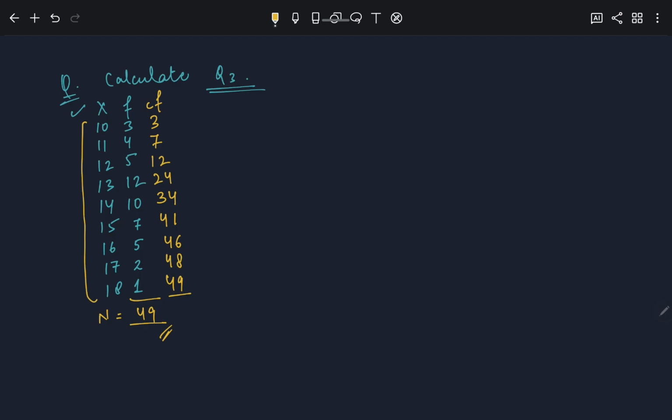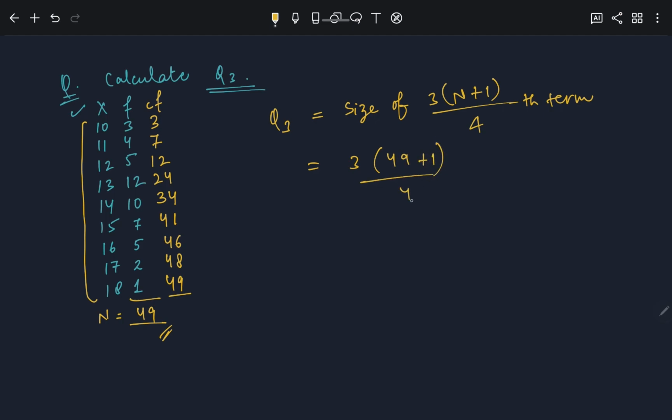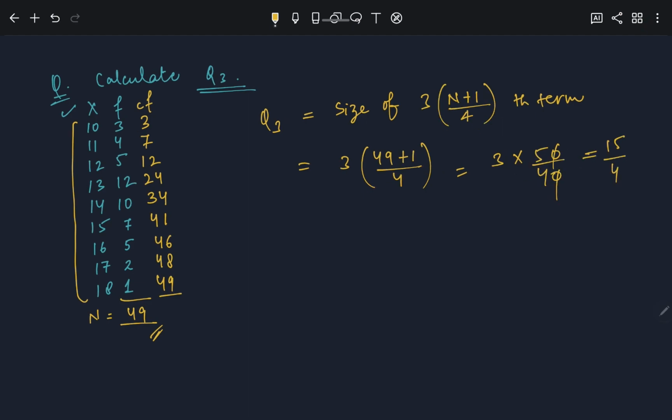So we'll put the values in the formula. Q3 is equal to size of (3 into (n plus 1)) upon 4 th term. So 3 into (49 plus 1) by 4, which will be 3 into 50 by 4. So our answer will be 150 by 4, or you can write it as 37.5.